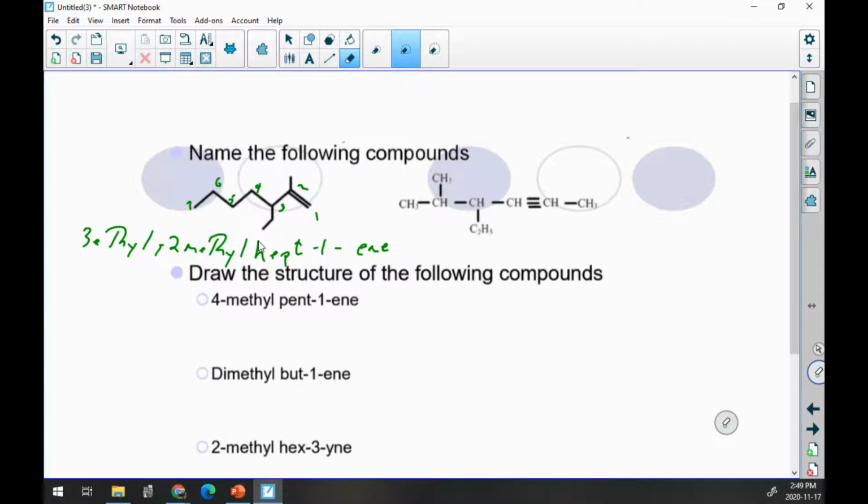Now, question, what is the formula for this? Well, we have 1 double bond. We have 10 carbons, 7, 8, 9, 10. Since we only have 1 double bond, we should also have 20 hydrogens.